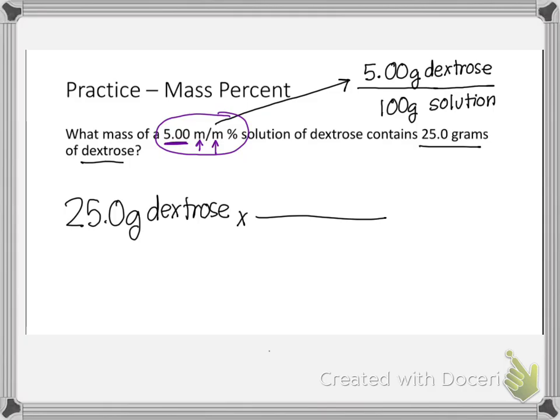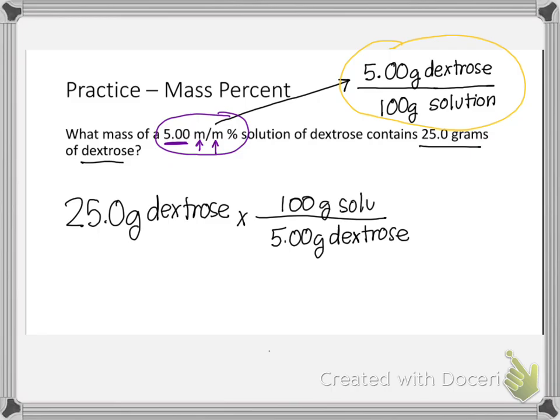Well, I can use this up here. And I can set it up where the 5 grams of dextrose is on the bottom and the 100 grams of solution is on the top. Then what happens is the grams of dextrose cancel out and I will solve for the grams of solution.